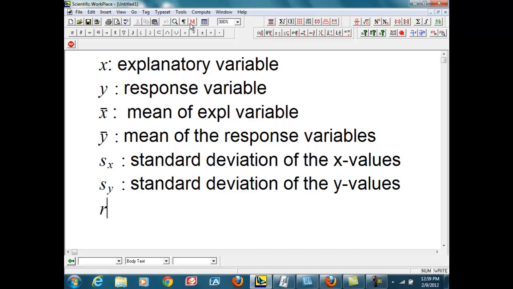Everybody fine? And when I have a negative association, you will see the reverse trend, that is, the above average values of X will be accompanied with the below average values of Y.